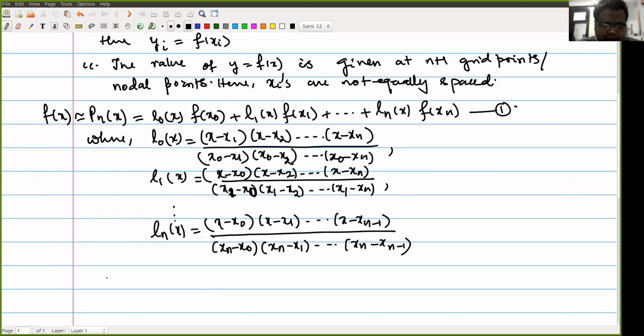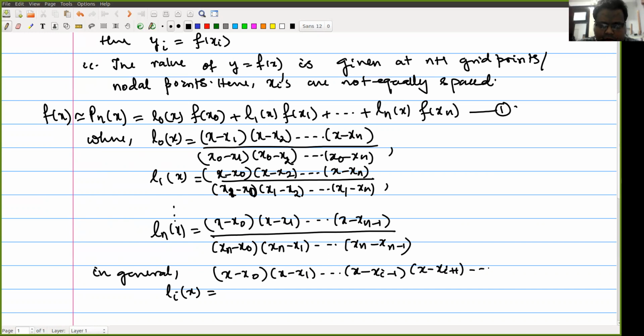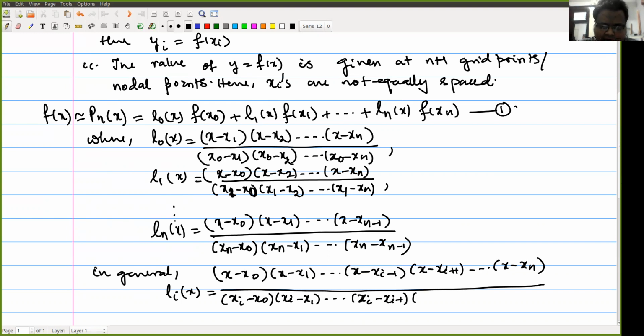In general we can write Li(x) is equal to x minus x0, x minus x1, up to x minus xi minus 1, x minus xi plus 1 up to x minus xn, divided by xi minus x0, xi minus x1, up to xi minus xi minus 1, xi minus xi plus 1 up to xi minus xn.